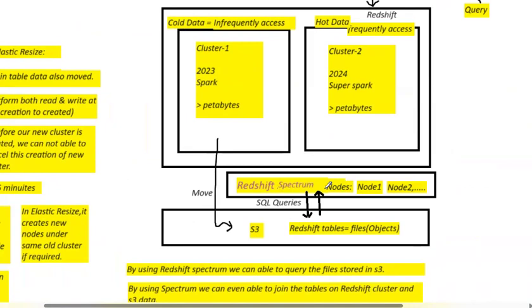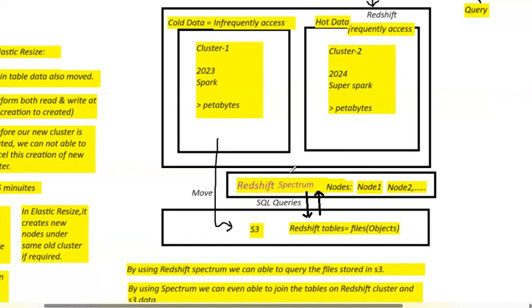Yes. So we require very little capacity to run our main cluster, and we are pushing all our load, that is compute intensive activity, to where? Redshift Spectrum. So that's why we pay very little for the cluster, and we only pay for Redshift Spectrum.